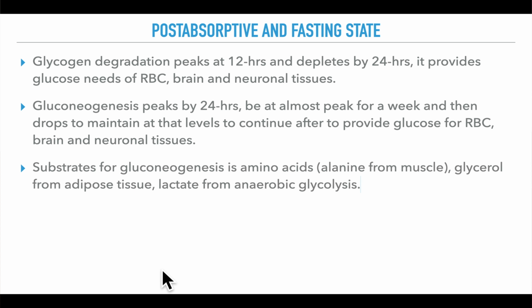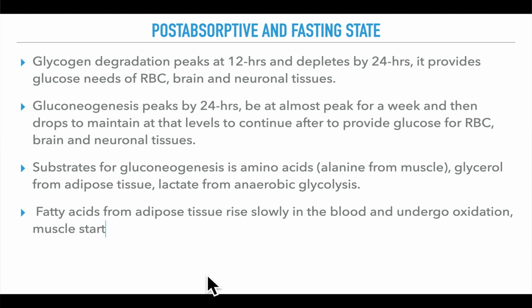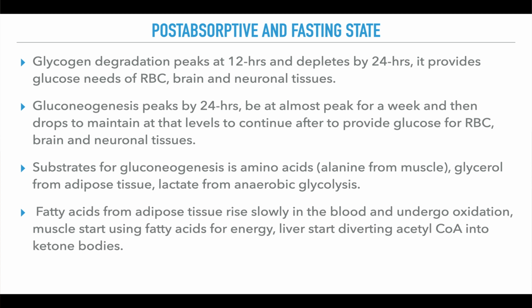Substrates for gluconeogenesis at this time can be alanine from muscle, glycerol from adipose tissue, and lactate from anaerobic glycolysis. Fatty acids from the adipose tissue rise slowly in the blood and undergo oxidation, muscles start using fatty acids for energy, and the liver starts diverting acetyl-CoA into ketone bodies.